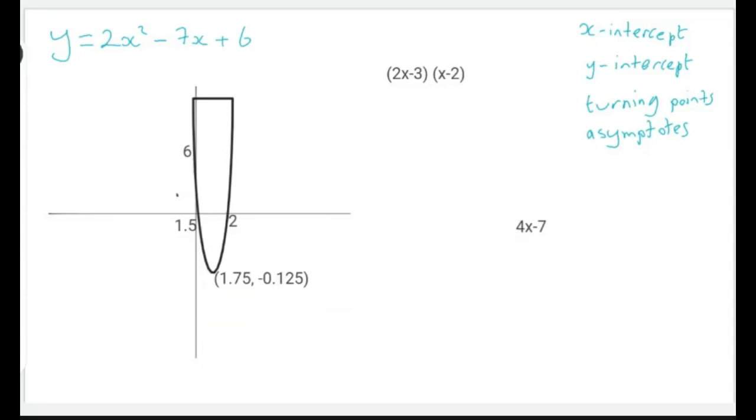Okay, the next type of graph is the x cubed type graph. I'm not sure how I'm going to draw this, but I can try. So x times x minus 1 times x plus 1.